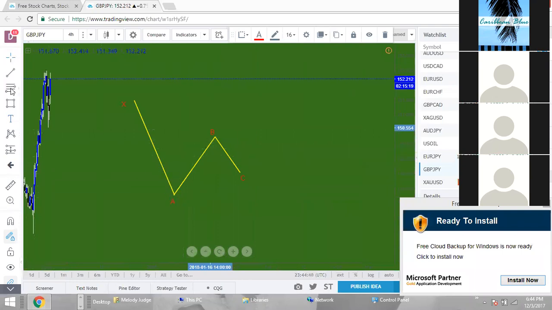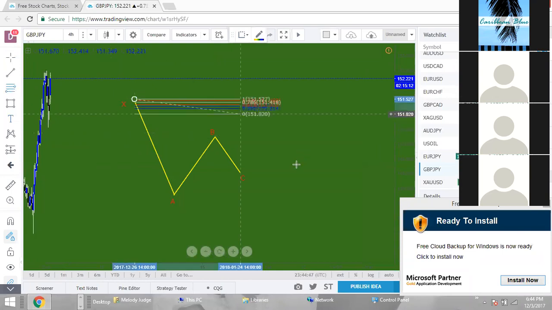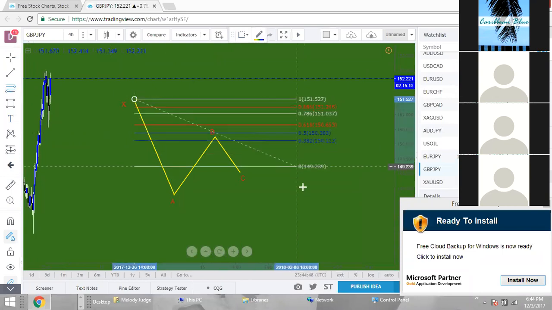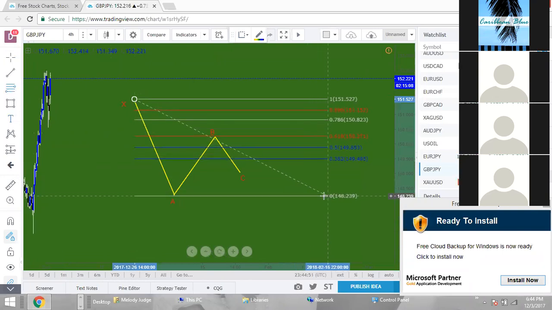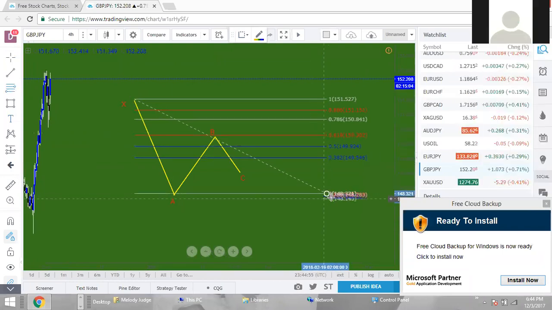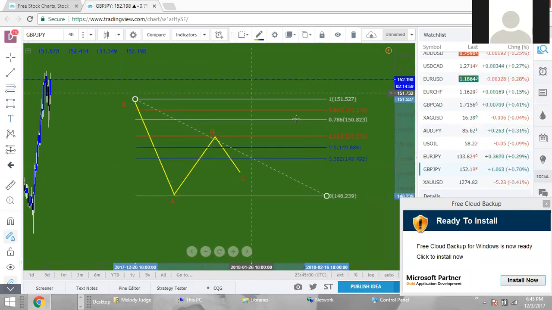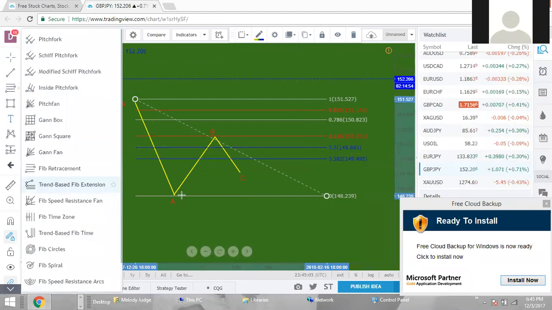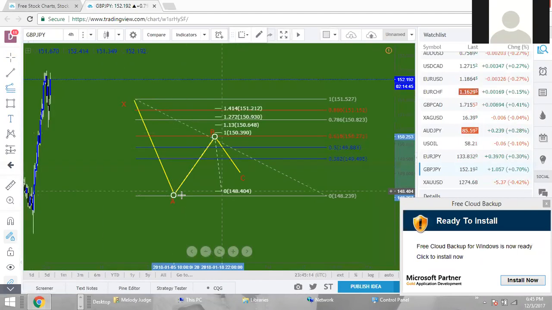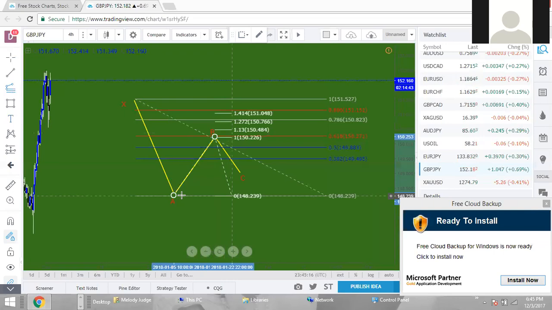So what we will be needing is a retracement from X to A. We're going to be looking for the market to pull back to the 786, but we also need a Fibonacci extension from A to B, back down to A. And now we've got a nice little kill zone.